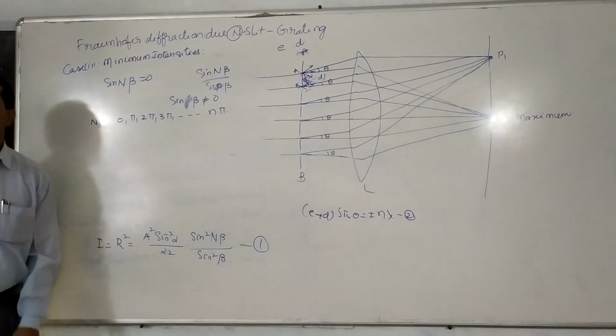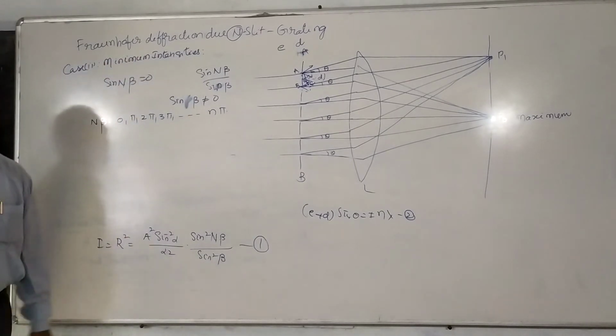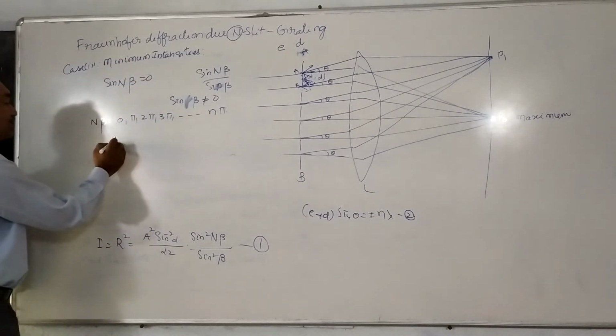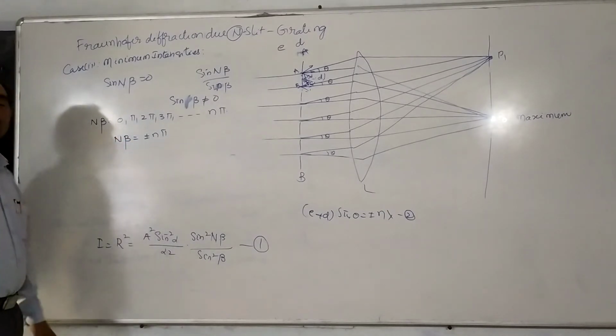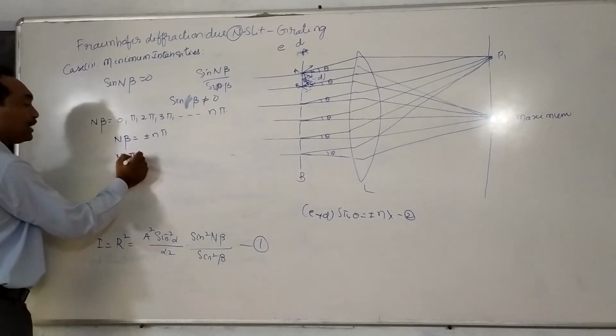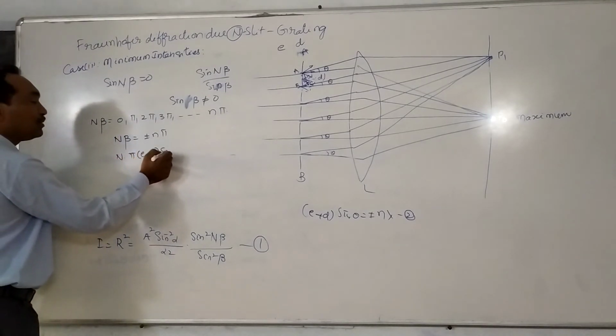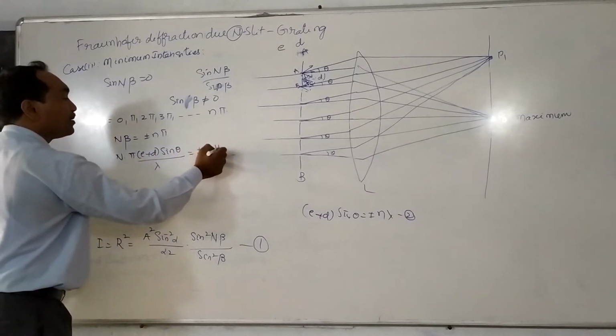For all these values, the sin value is 0. So capital N beta is equal to plus or minus n pi. So capital N into what is the beta value? Pi into e plus d into sin theta by lambda is equal to plus or minus n pi.